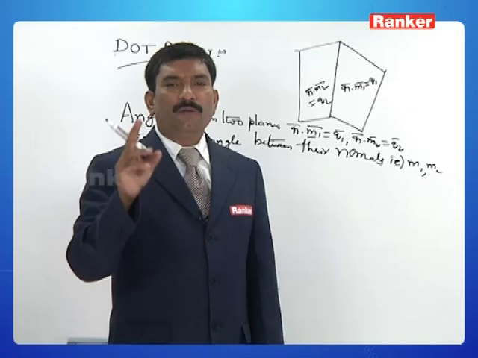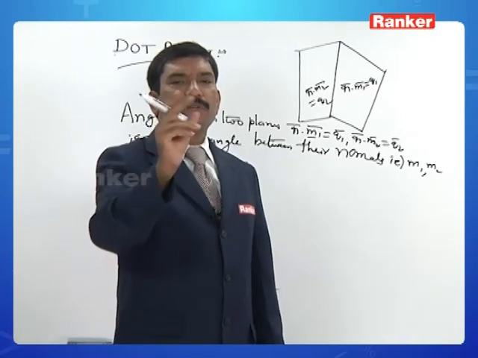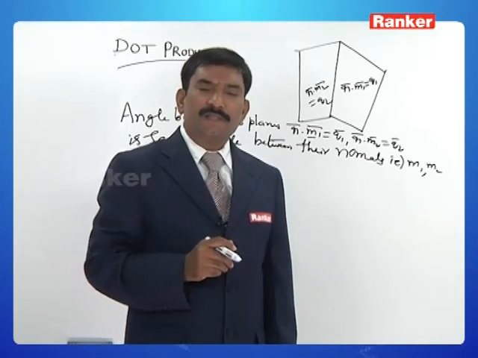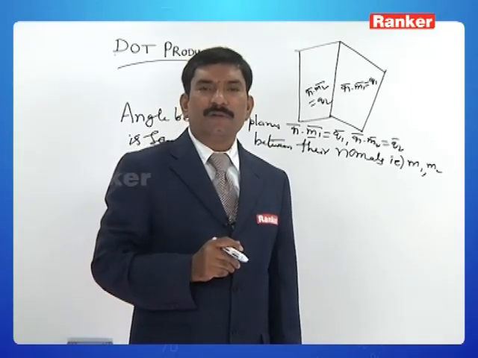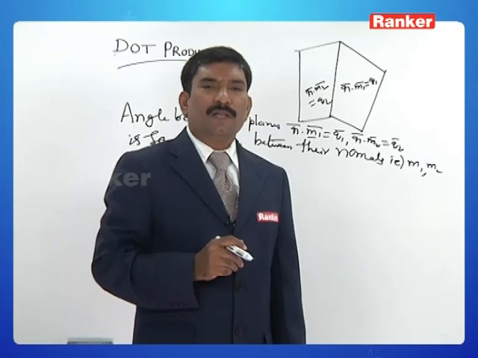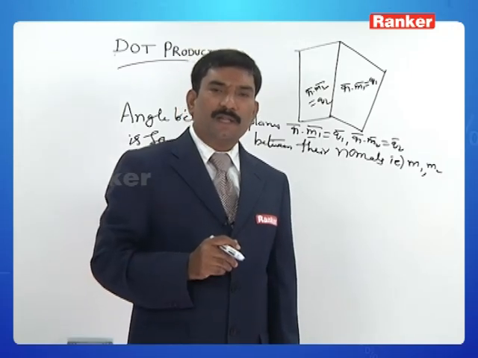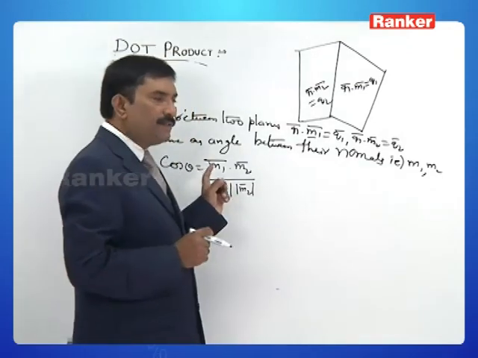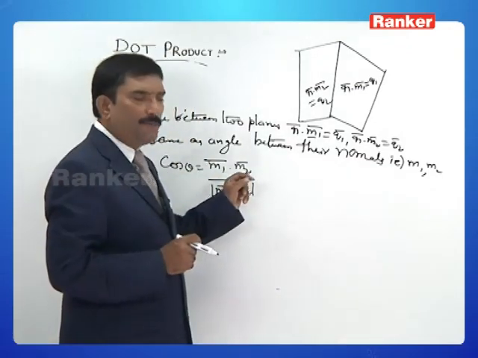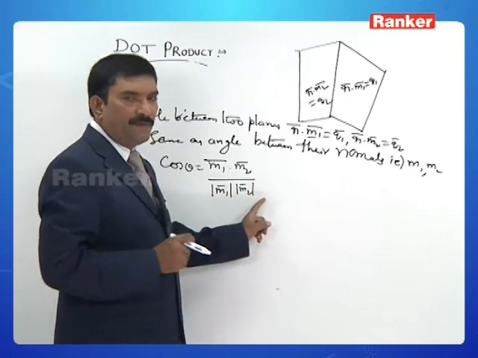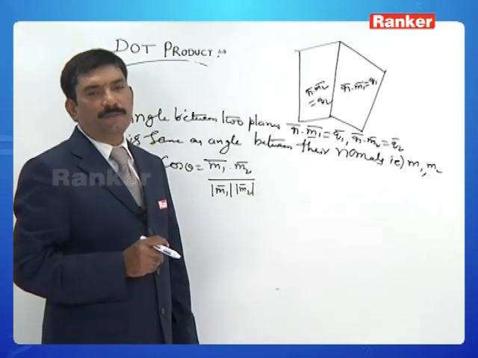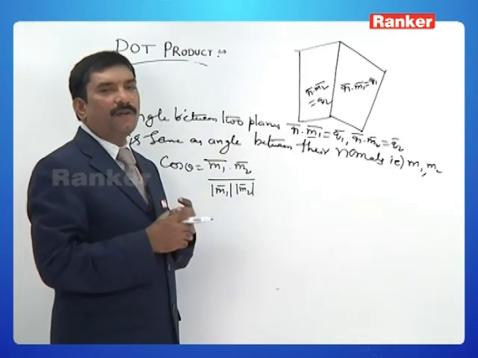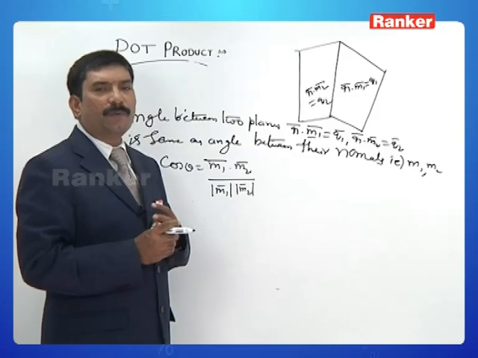Nevertheless, m1 bar and m2 bar are the normals. So the angle between the two planes is same as angle between their normals, given by cos theta is equal to m1 bar dot m2 bar by modulus of m1 into modulus of m2. So we come across how to find out the angle between the two planes.